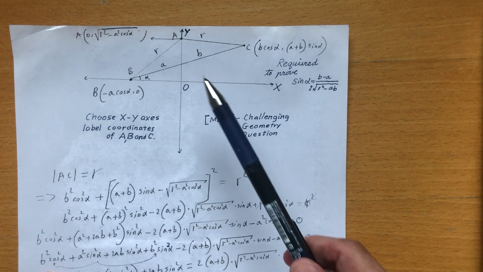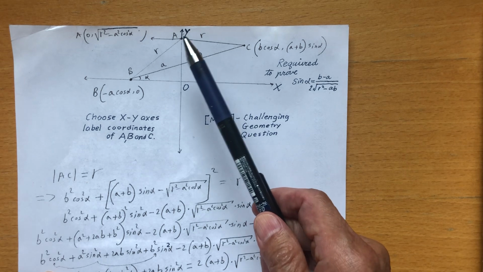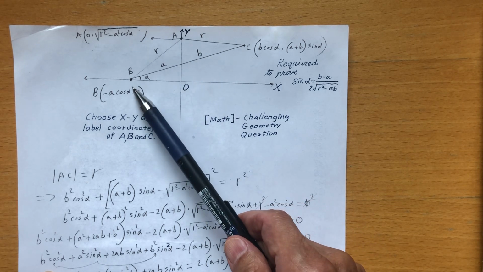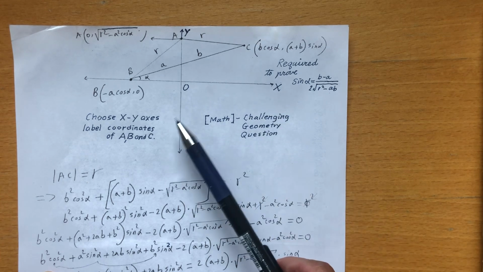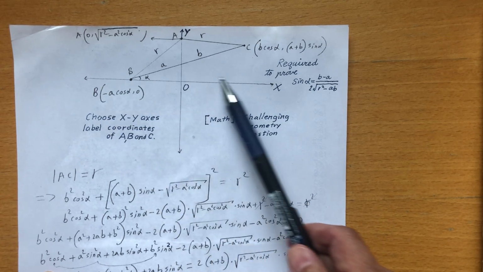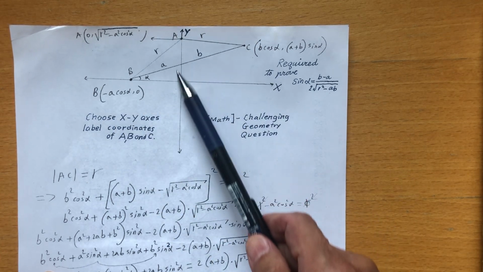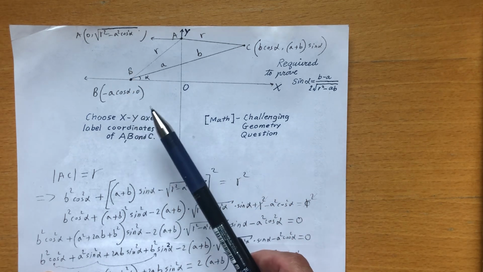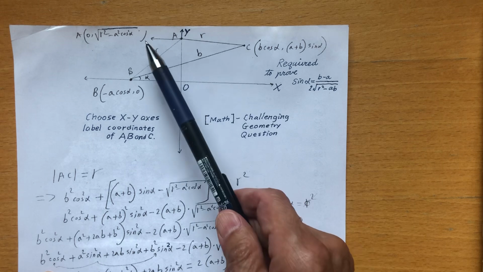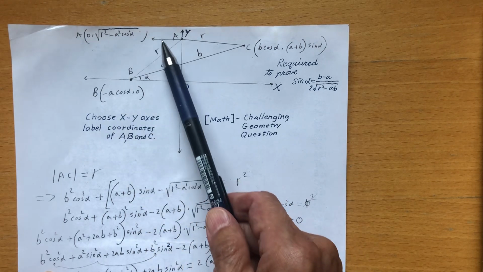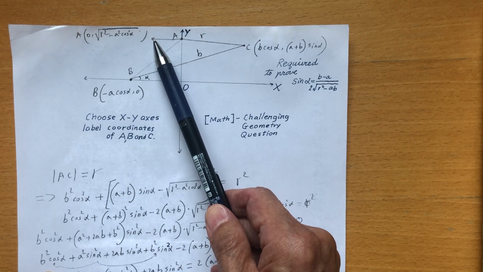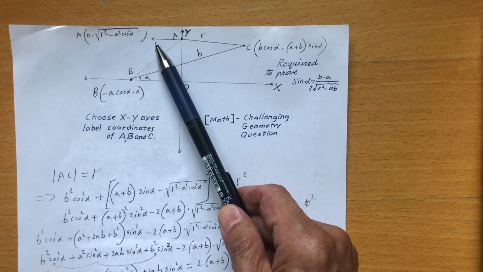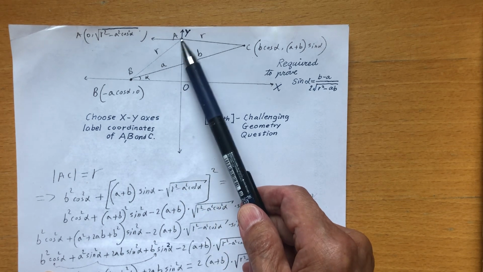And then next, he calls point A, B, C. Based on xy axis, he wrote down the coordinates of A, B, C. Sorry, not this A, A is here.